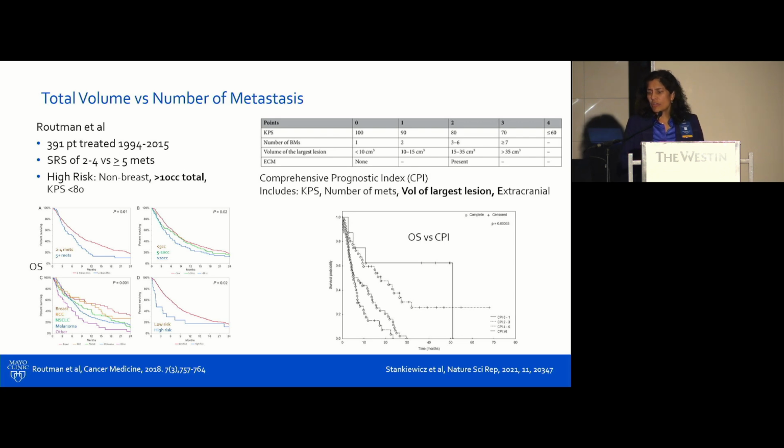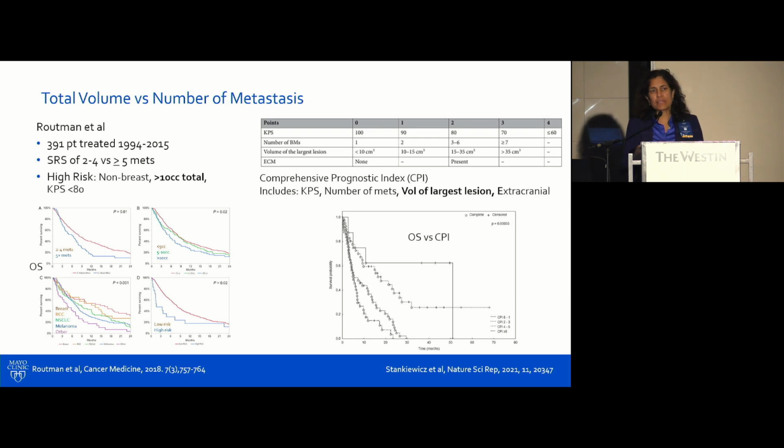Dr. Routman is one of our clinicians, and we looked back at what makes a patient with multiple brain metastases good or bad. Essentially, we looked at SRS for 2 to 4 versus 5 or more metastases. For the higher risk patients, it was the total volume of the tumor burden that seemed to be associated with outcome.